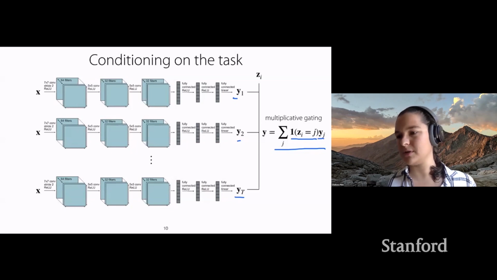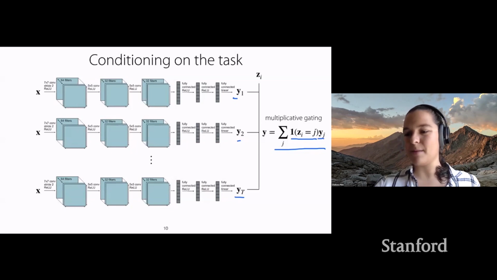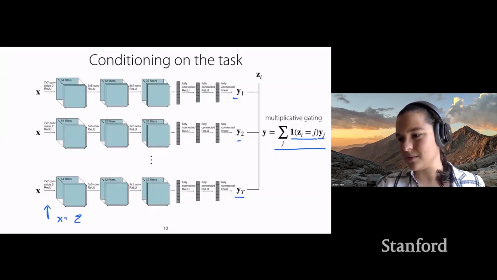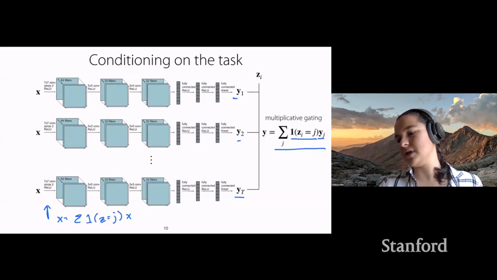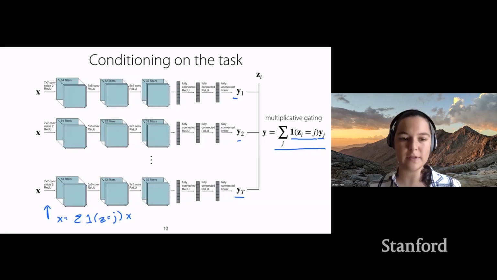You could also do what we mentioned, which is to have this gating happen at the beginning of the network as well, and either pass in all zeros, for example, and have something like X equals the sum over the index over Z equals J times X into each of the networks. That would also be equivalent.